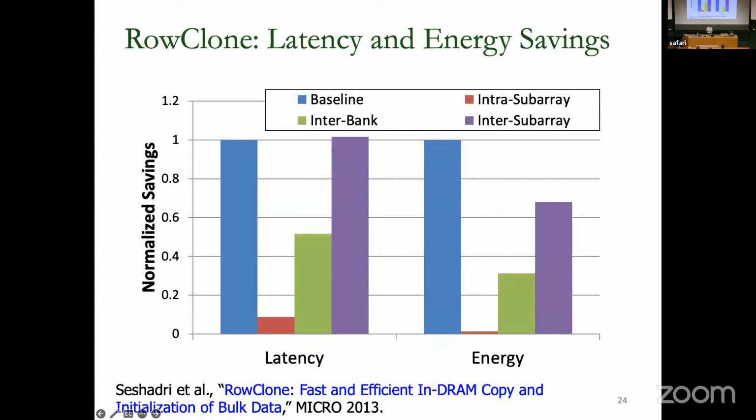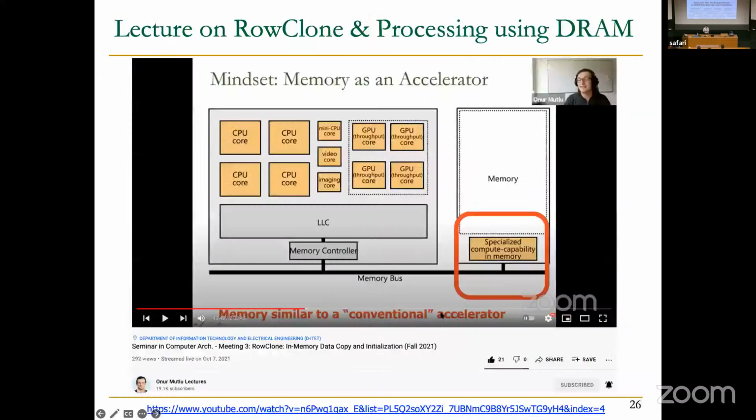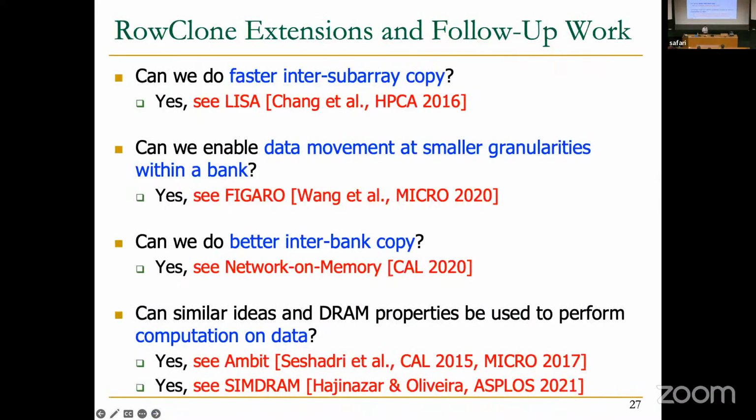And this enables us to improve energy and latency significantly compared to doing the same operation using the baseline CPU itself. If you are interested in embedded, I invite you to check our paper and our lectures on the topic.